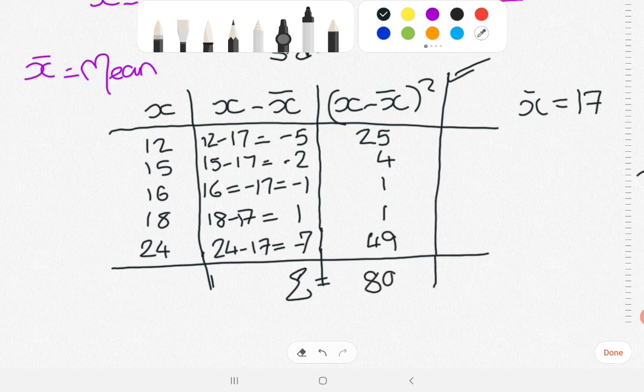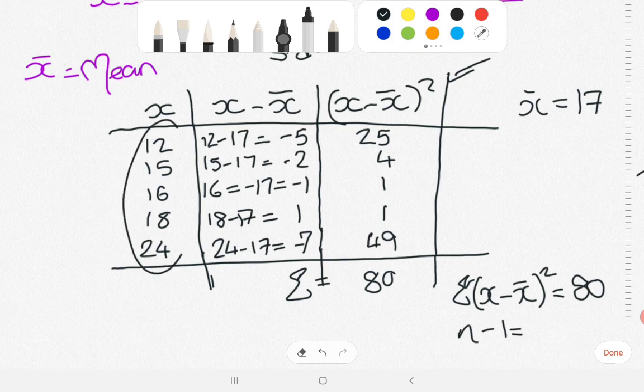So the sum of all the x minus x bar squareds is 80. So that's the number we're going to use. And n minus 1 is going to be, there's 5 numbers, but take away 1 is 4. So that's the other number we're going to use.